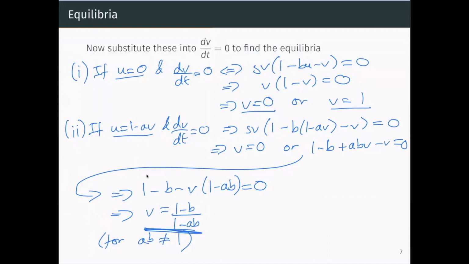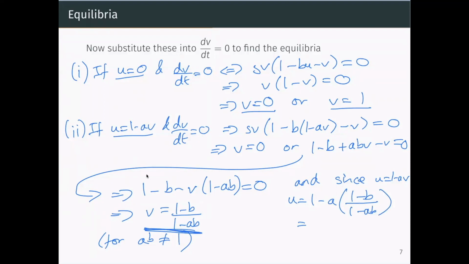We end up solving these two equations simultaneously. So we find our value for v. We want to find out what our corresponding value for u is. So we can say, since u is equal to 1 - av, u is equal to 1 - a times (1 - b) over (1 - ab), which we can all bring over one bracket.